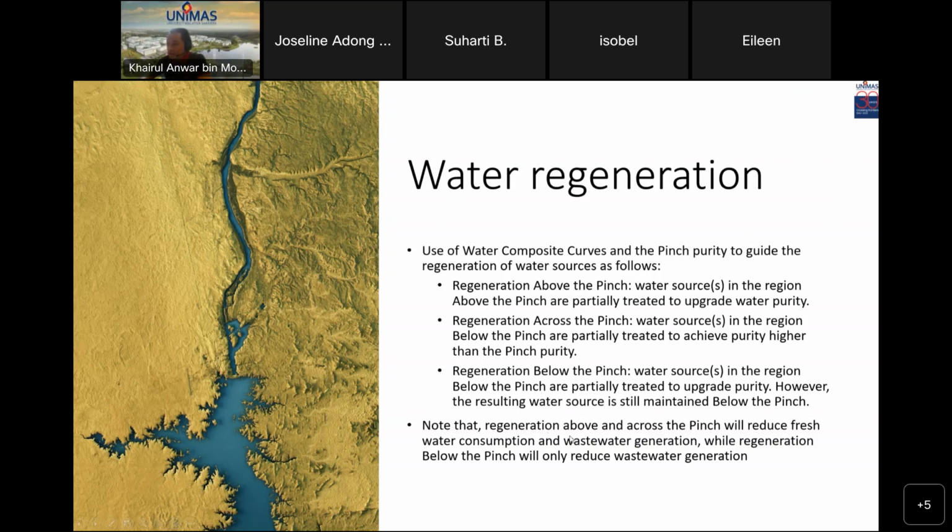Note that regeneration above and across the pinch will reduce freshwater consumption and wastewater generation, while regeneration below the pinch will only reduce wastewater generation.